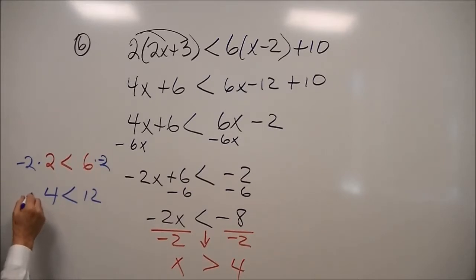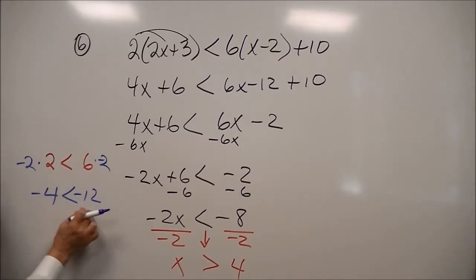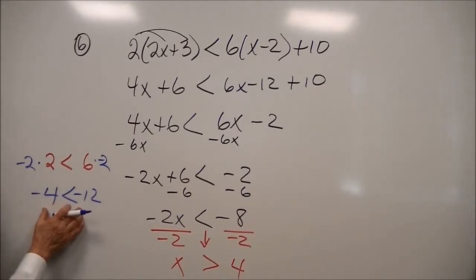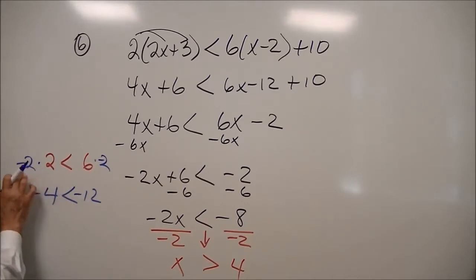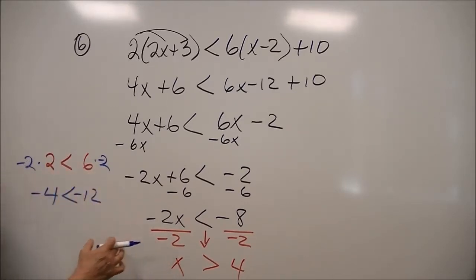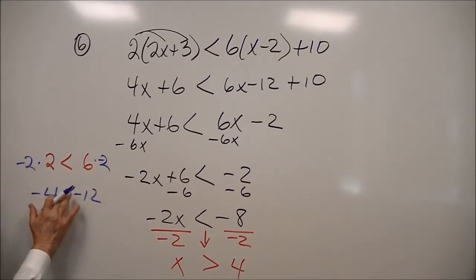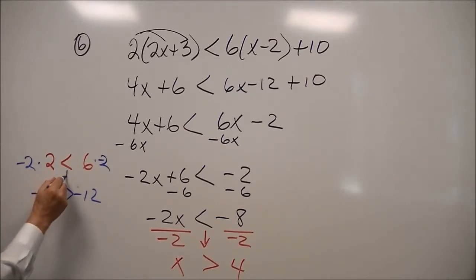This becomes -4, and this becomes -12. Now, is -4 less than -12? The answer is no, that's not true. In order for this statement to be true, when I'm multiplying or dividing by a negative, I have to reverse the direction of the inequality sign. And that's the basic rule we're going with here.